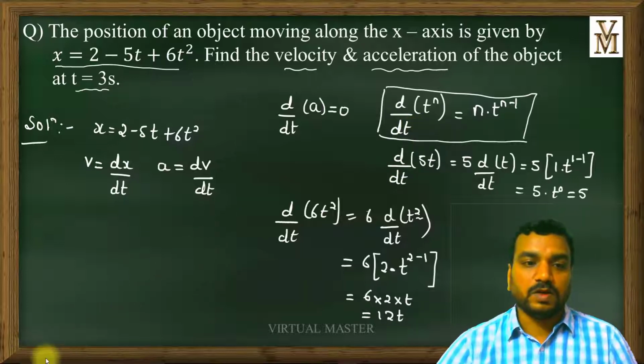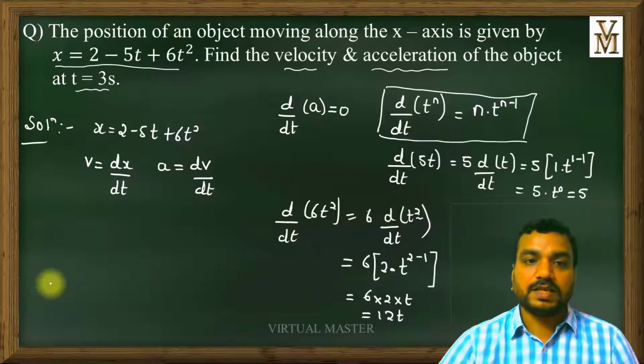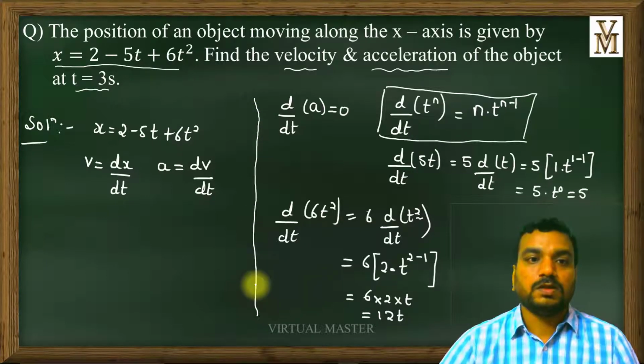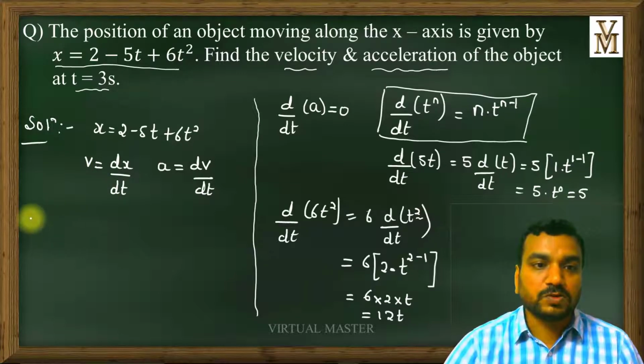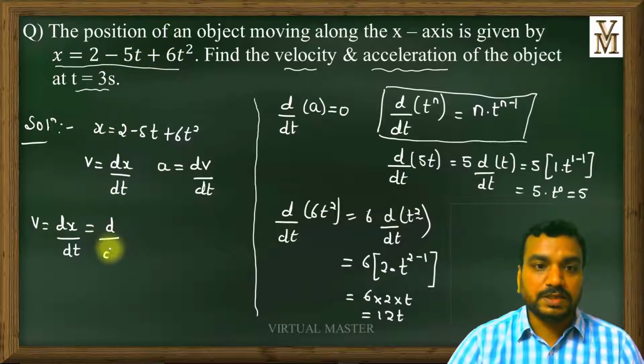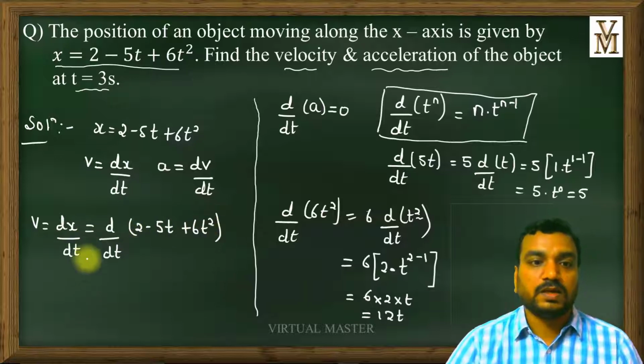Now let us find instantaneous velocity and instantaneous acceleration. Now instantaneous velocity v is equal to dx/dt, right? Now what is the value of x? x is equal to 2 − 5t + 6t². So I can write d/dt of x, where x is 2 − 5t + 6t².